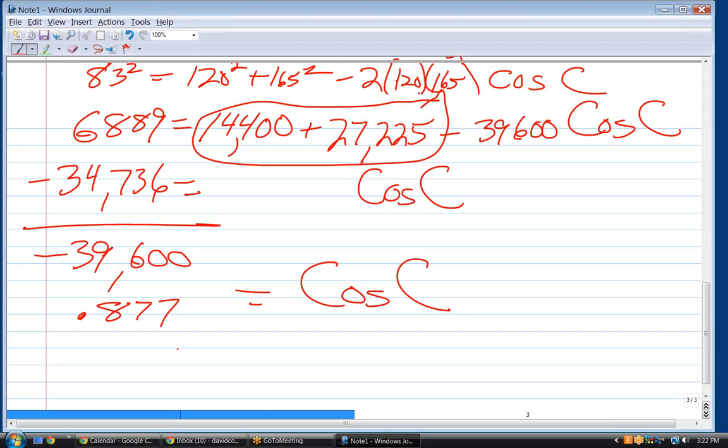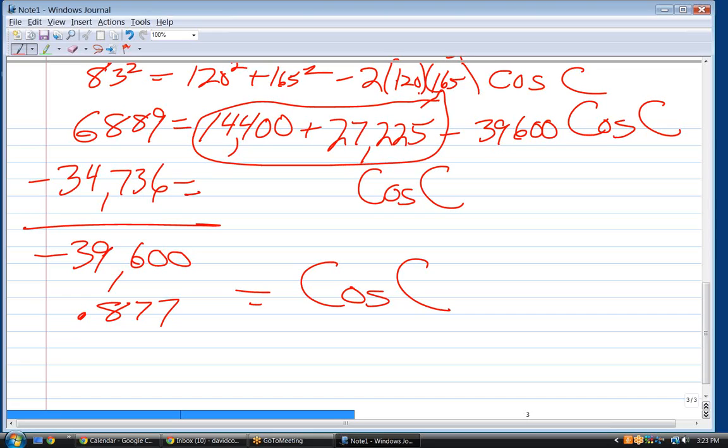Positive or negative? Negative. Because we're dividing a negative by a negative, so this is positive. Yeah. And it needs to be always positive. You never want this to be negative.